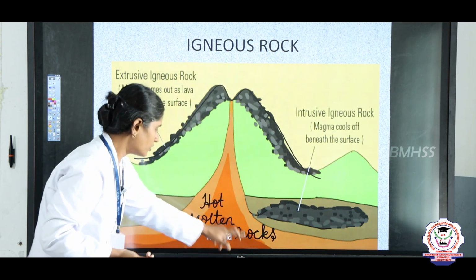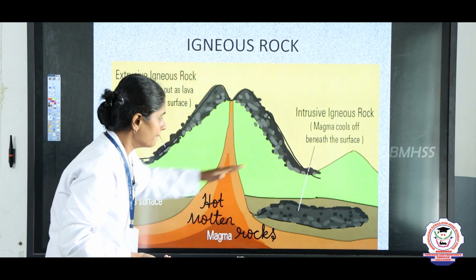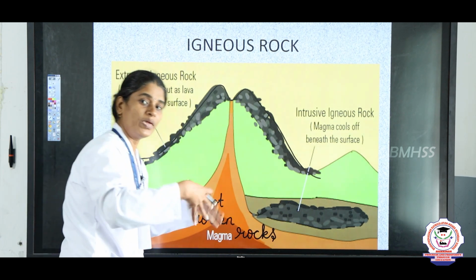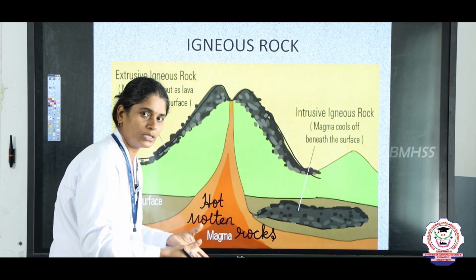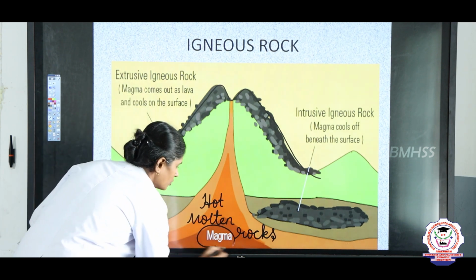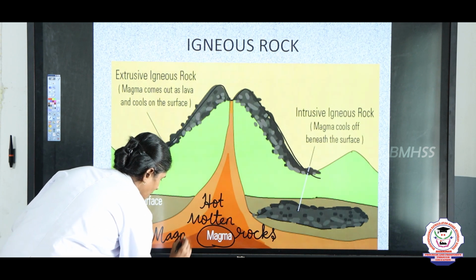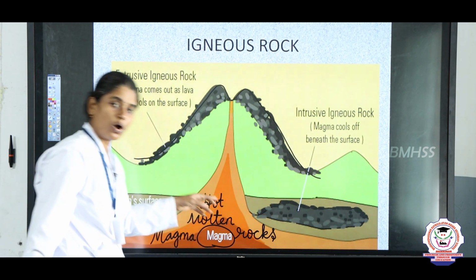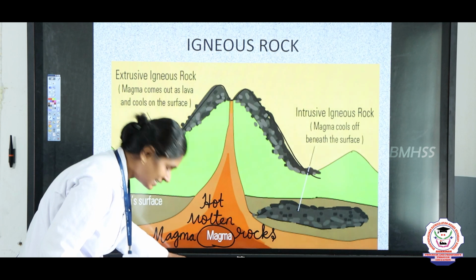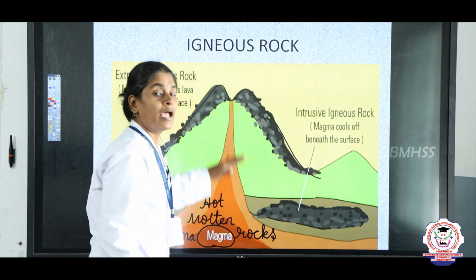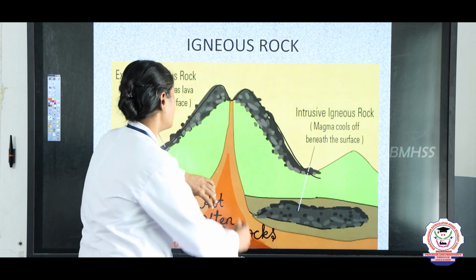When these hot molten rocks are present inside the earth, under the earth's surface, what do we call that fiery liquid? It is known as magma, M-A-G-M-A. Due to pressure and heat, the volcano will burst.